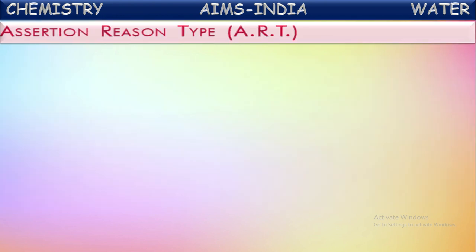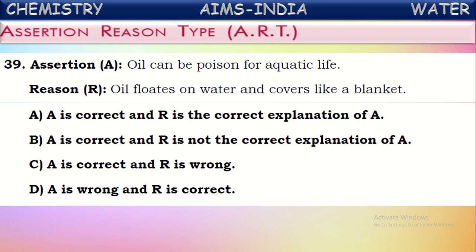Next, one more assertion reason question. See the assertion: oil can be poisonous for aquatic life. Actually, oil is not toxic in nature, but it is poisonous to aquatic life. Why? Because oil floats on water and covers it like a blanket.